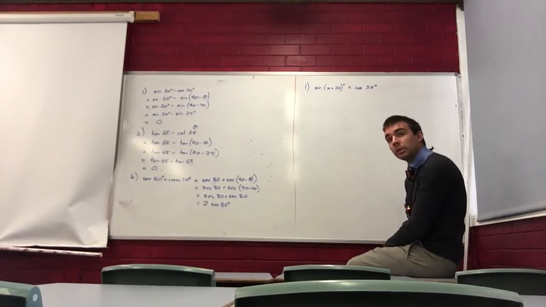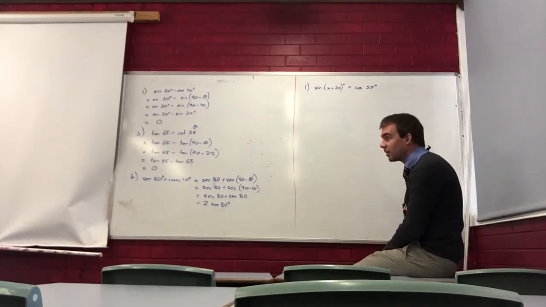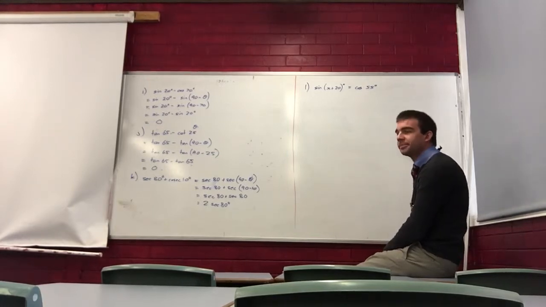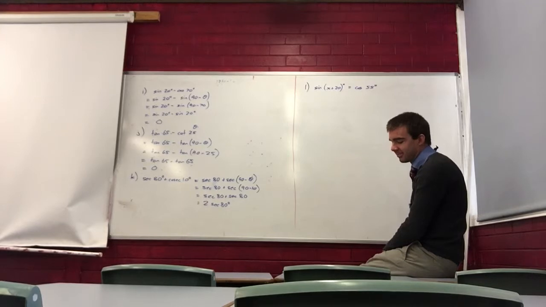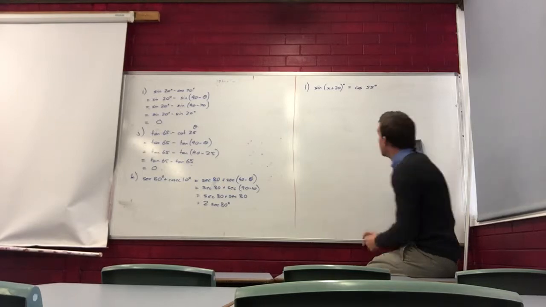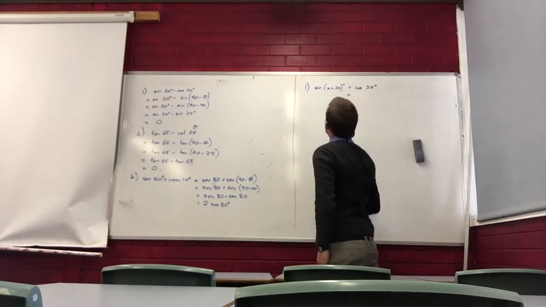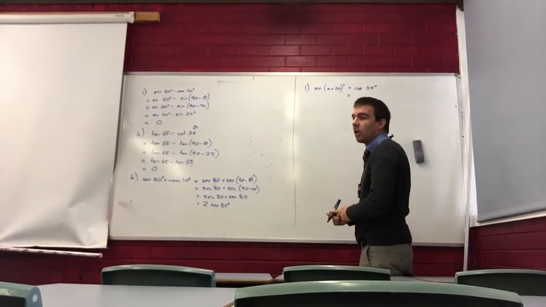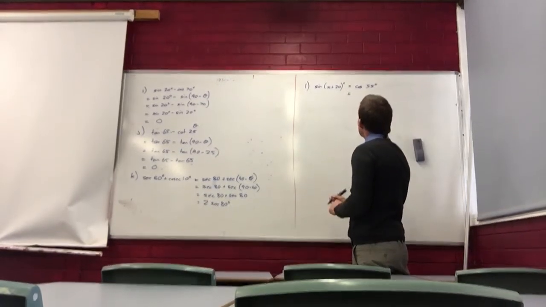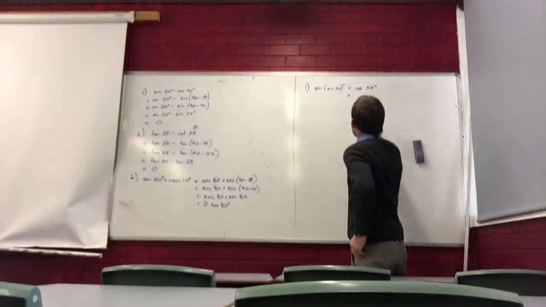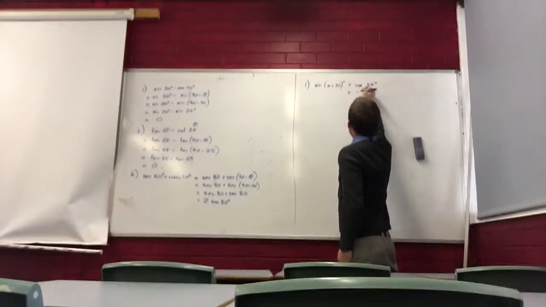We've looked at complementary angles, so what things are equal to in relation to each other in the right angle. So sine of x plus 20 is equal to cos of 55.